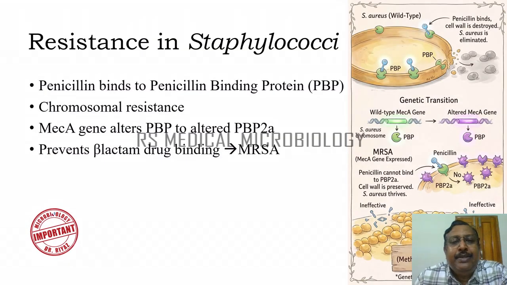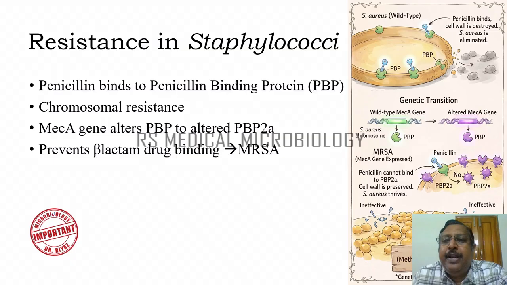Next comes penicillin. In 1941, when penicillin was introduced, from that time this phenomenon has been going on. Penicillin binds to what is called the penicillin binding protein on the cell wall of staphylococci. This is the chromosomal based resistance.